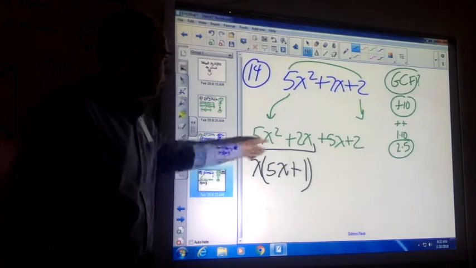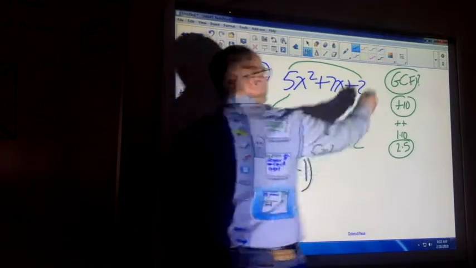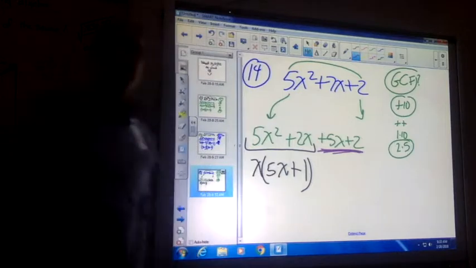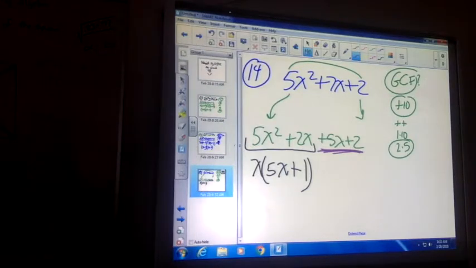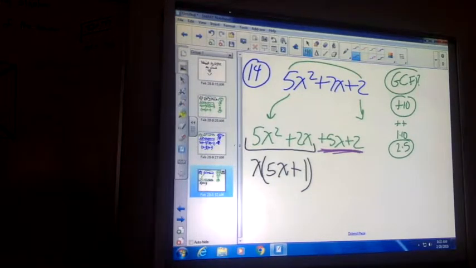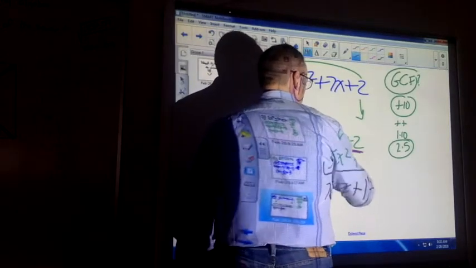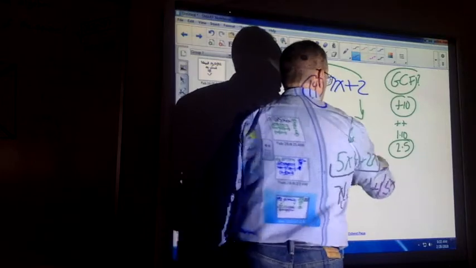So I factored an x out of both of those. Take a look here, eyes up here. There's nothing to factor out from the last part, so what is the placeholder? A 1. So I'm really factoring out a 1. That won't change anything. That just leaves me 5x plus 2.